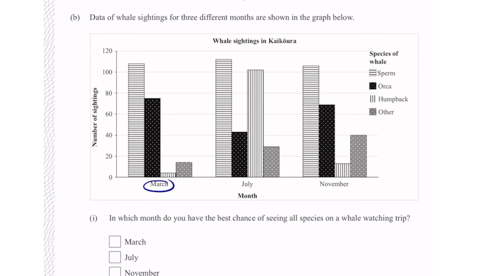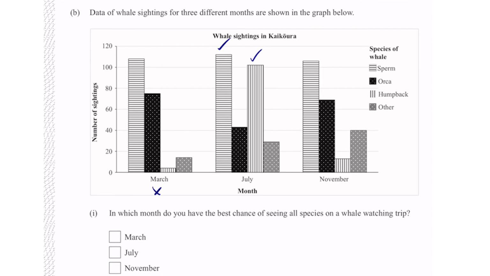So if we look at the month of March, well, there's high probability of seeing sperm and orca, but look at our humpback. We barely saw any, only like, what's that, 5. So no, probably not this one, right? If we look at July, we have got good sightings of sperm and humpback, and medium probability of seeing orca and other whales too.